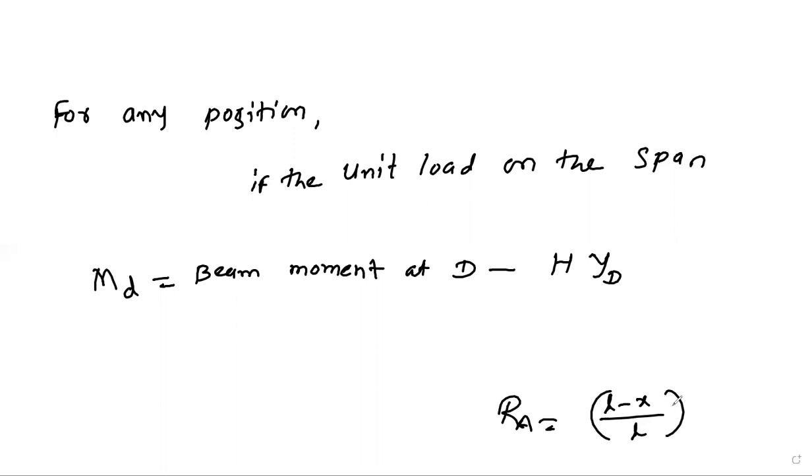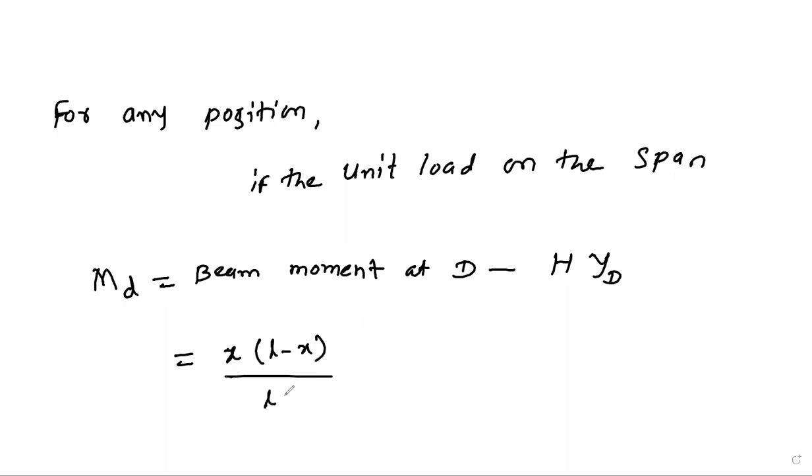Yes or no? In the last lecture we have done this. So now it is equal to the beam moment, that is RA into x, that is x into L minus x divided by L, RA into x, right?